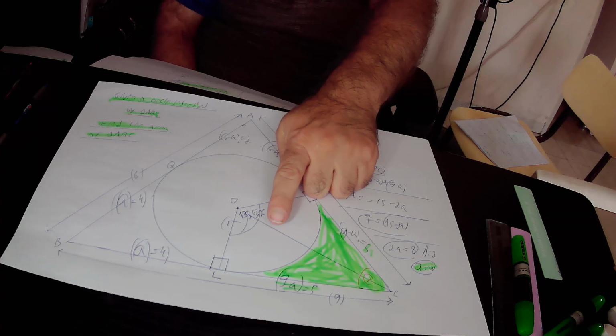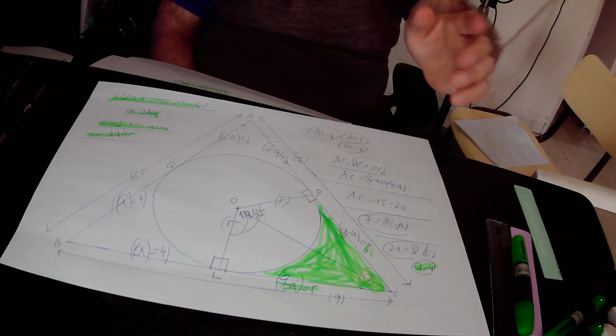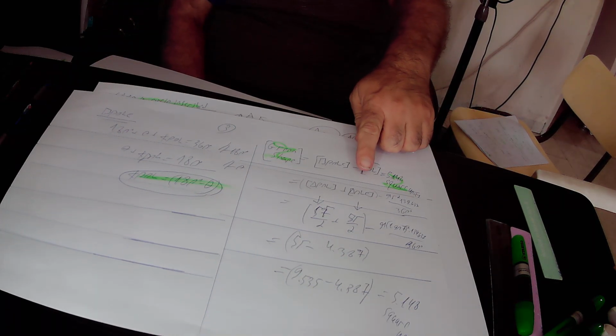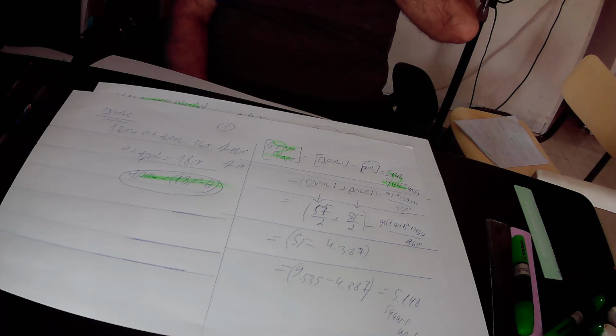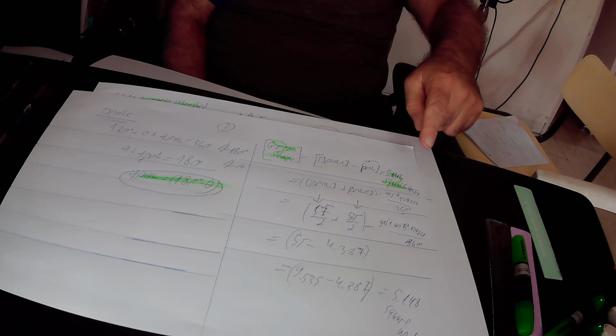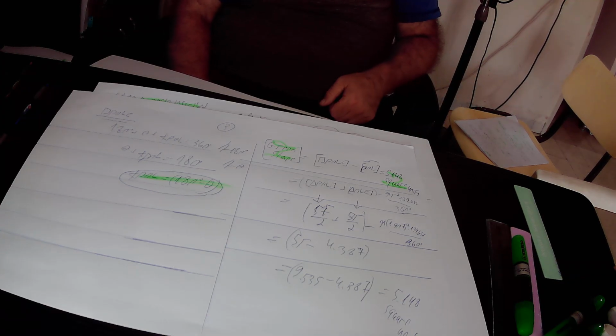The area of this right triangle OLC equals the base OL, that is R, times the height LC, that is 5, over 2. So the area of the right triangle OLC also equals 5R over 2 square units. Minus the area of sector POL, which equals pi r squared times 139.632 over 360 degrees.